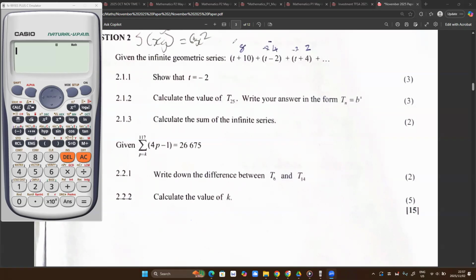Right, so what we know about a geometric series is we have a ratio, which is T2 over T1, which equals T3 over T2. And so we can get (t minus 2) over (t plus 10) is equal to (t plus 4) over (t minus 2).